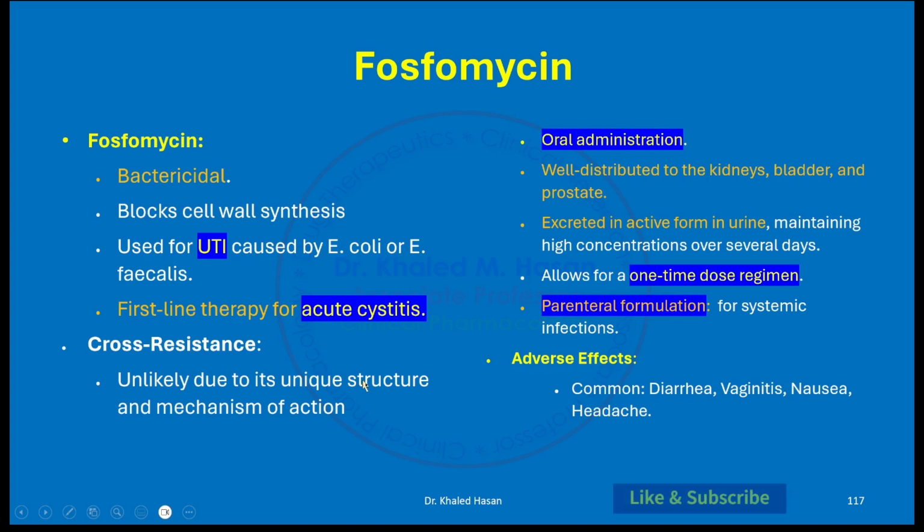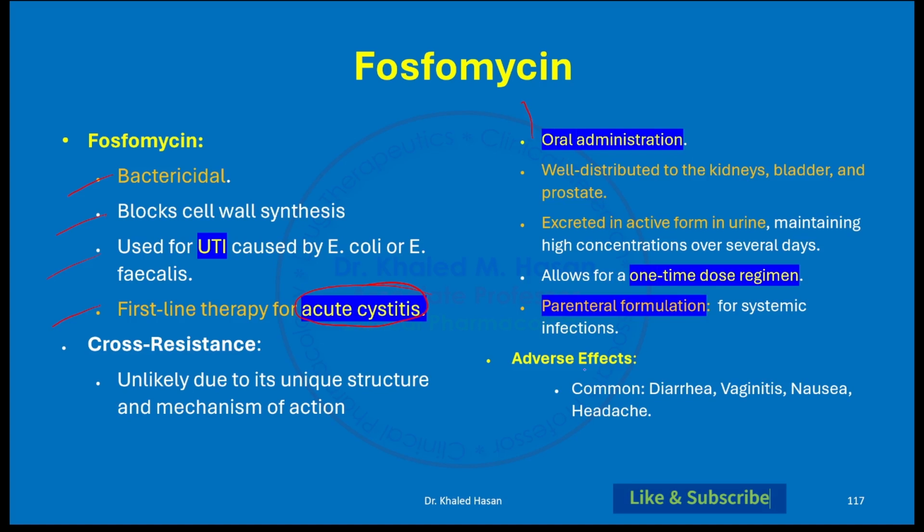Okay, the second medication among the other inhibitors of cell wall, fosfomycin. Fosfomycin is considered bactericidal, blocks cell wall synthesis, and is mainly used for urinary tract infection, considered a first-line treatment for acute cystitis. And the reason for that is that when you prescribe fosfomycin, we have two formulations in the market.